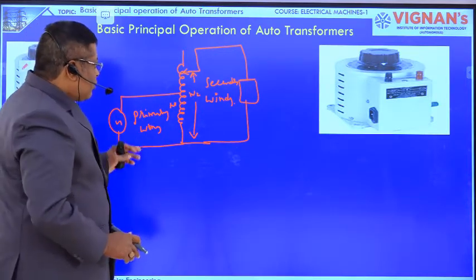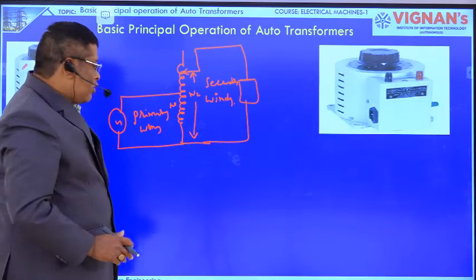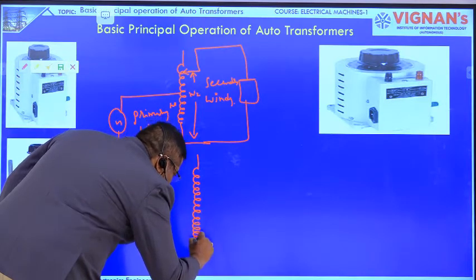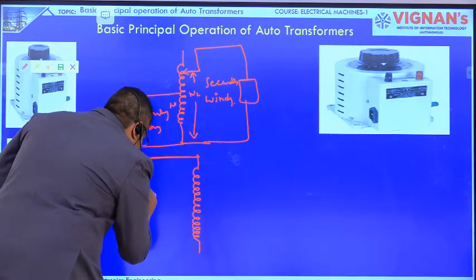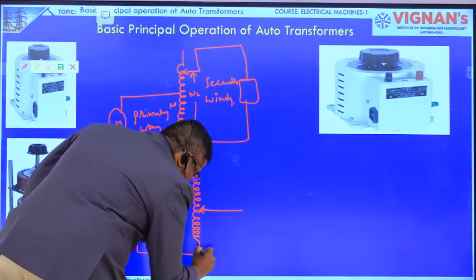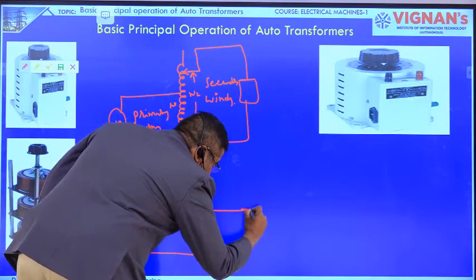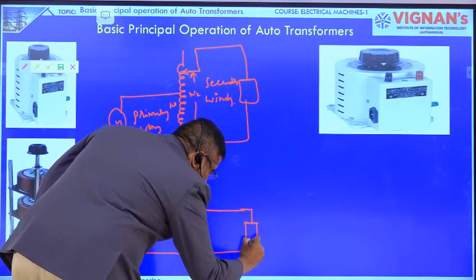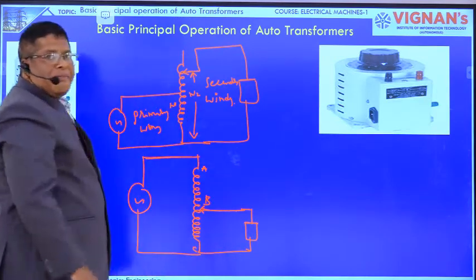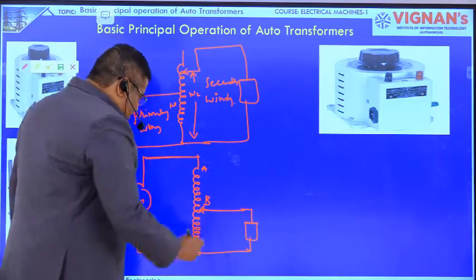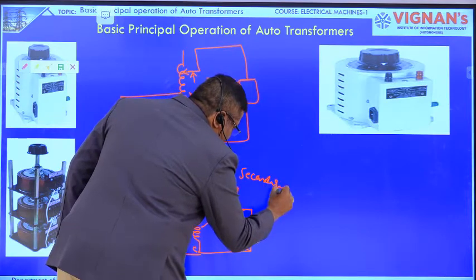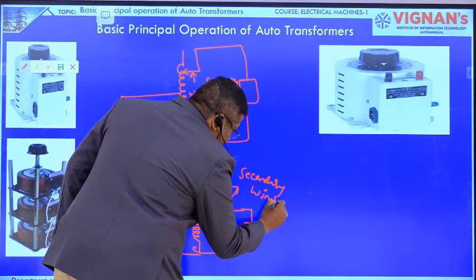Now if you see the step-down auto transformer, this is the total winding. Here we are connecting a source, nothing but the primary winding. From this point, we are taking the voltage that is given to the load. A, B, C. The winding between B and C is the secondary winding.